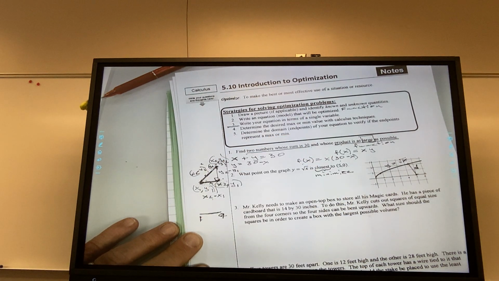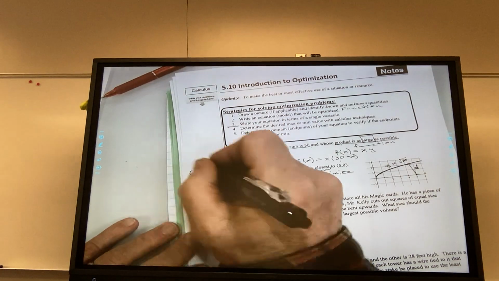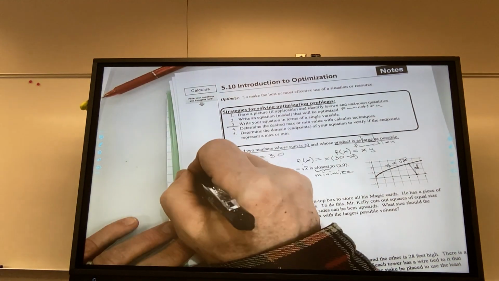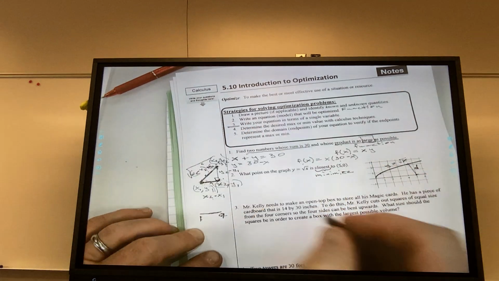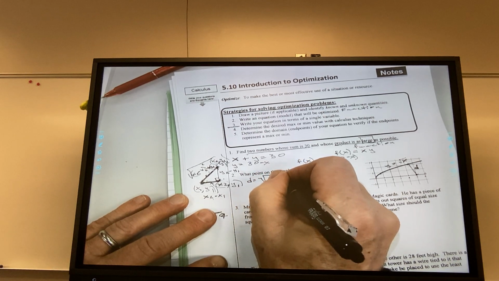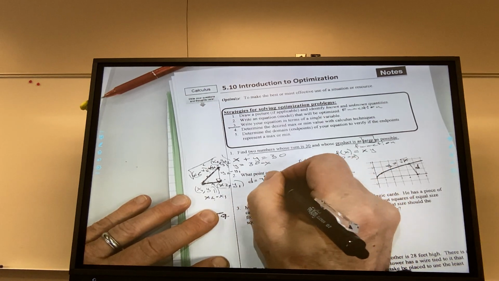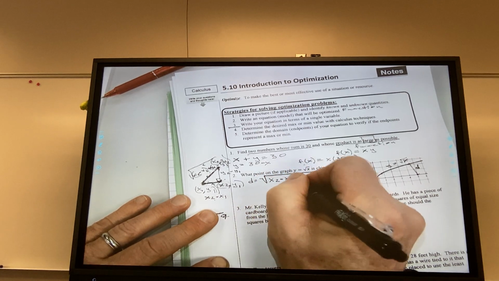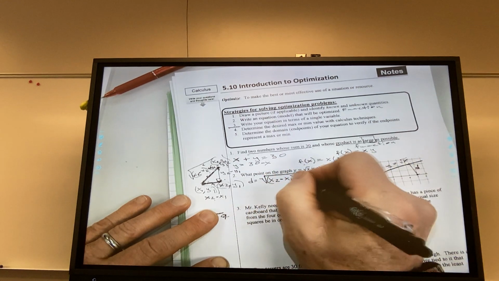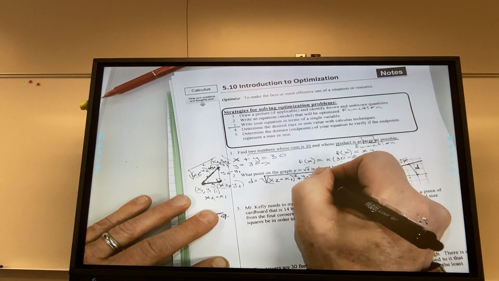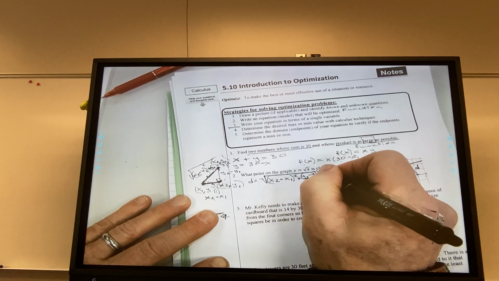And then what do I do with them? I add them together. Is that my answer? Then you take the square root. So we say that the distance formula is the square root of x2 minus x1 squared plus y2 minus y1 squared.